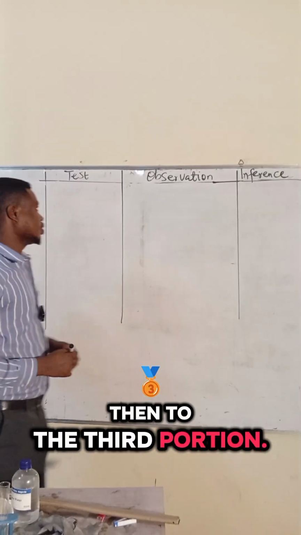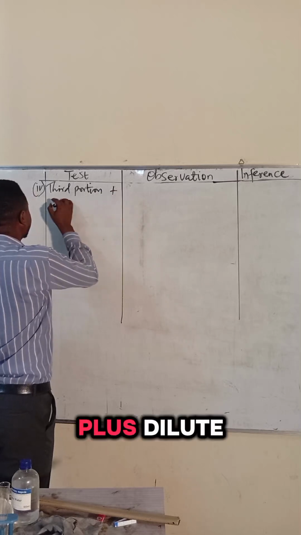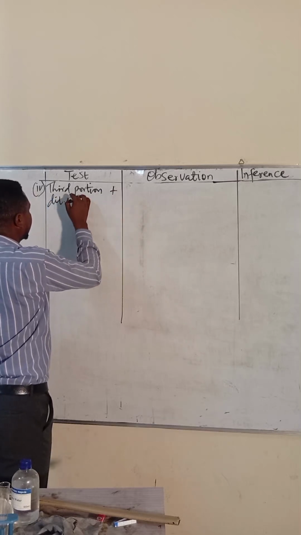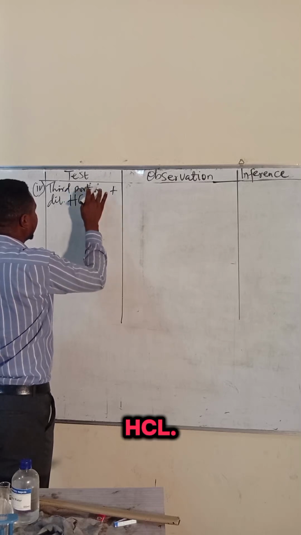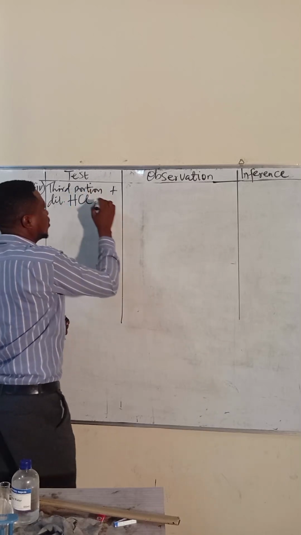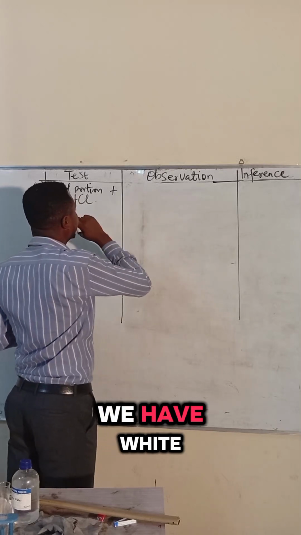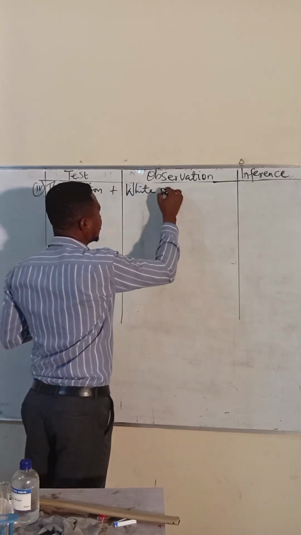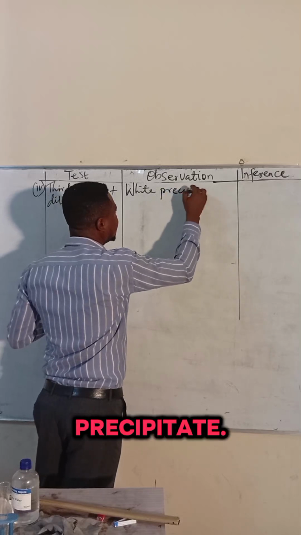Then to the third portion, plus dilute HCl. We have white precipitate.